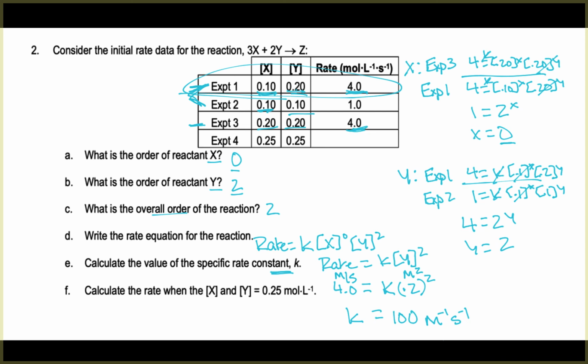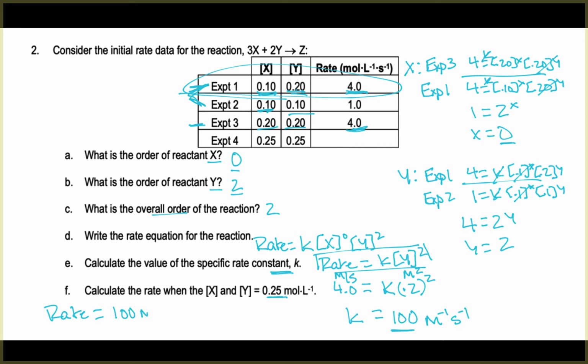Okay, finally, now it says, what is the rate when the x and y are both equal to 0.25? So now what I can do, since I have a rate law, I can solve for new rates given new concentrations. So I'm going to say rate equals, I have a k value, 100.